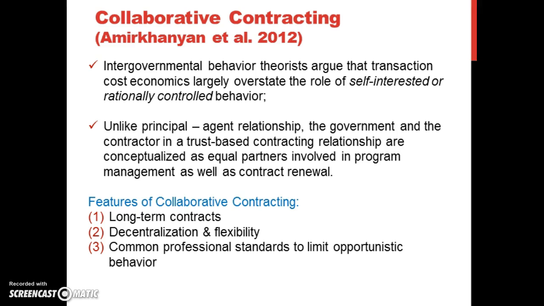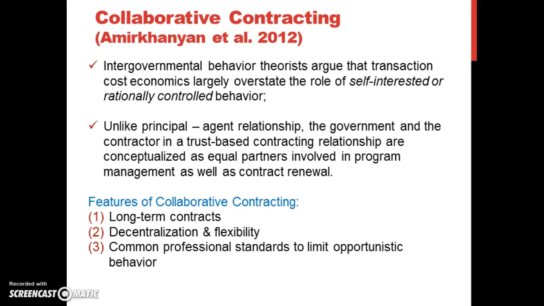On the other hand, our course reading, Amirkhanyan 2012, counters such traditional government response to contractor opportunism, such as intensive monitoring, by proposing collaborative contracting. They argue that transaction cost economics, including the principal-agent model, largely overstates the role of self-interested, rationally controlled behavior based on public choice assumption.